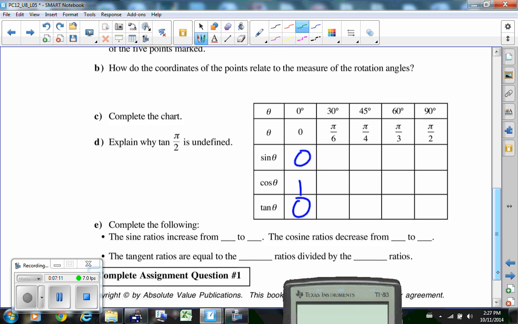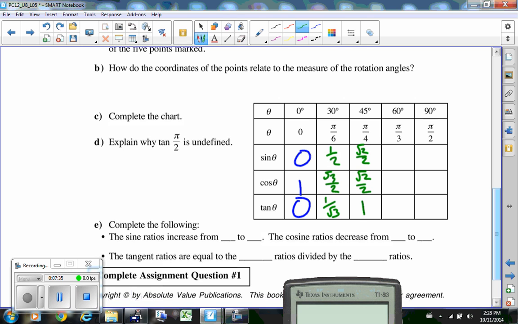So at this point, it's going to be, come on, brain, think here. Pi sixths, 1/2, root 3 over 2, 1 over root 3. Pi fourths, root 2 over 2, root 2 over 2, and 1.